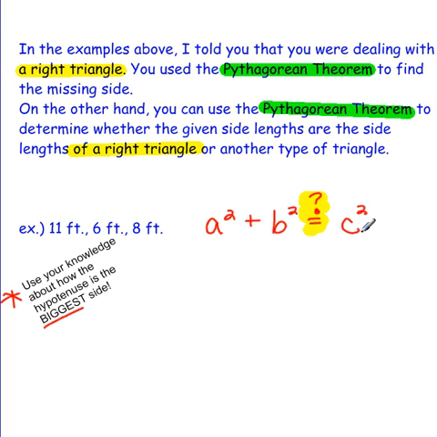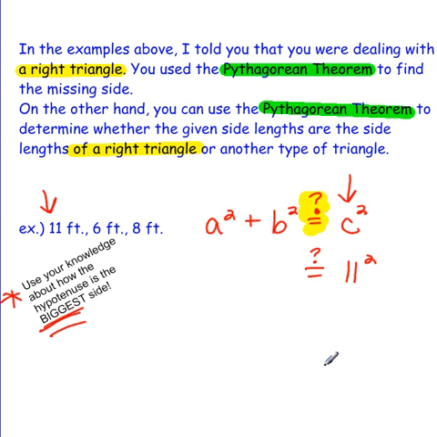If it doesn't, then we have another type, and we'll discuss that a little later. All right, so let's look at our numbers here, 11, 6, and 8. What is the biggest number? 11. Which letter is this going to go into? C.